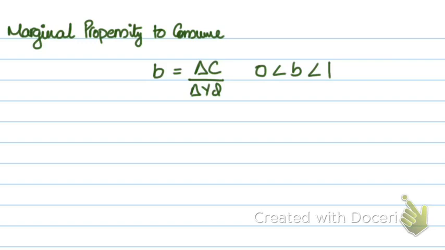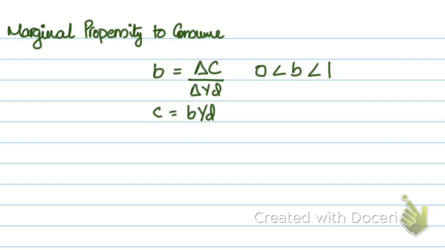Which means that a $1 increase in your income will lead to a less than $1 increase in consumption, right? So this means that C is basically a function of B times YD. This means how much of the disposable income a household will spend on consumption.